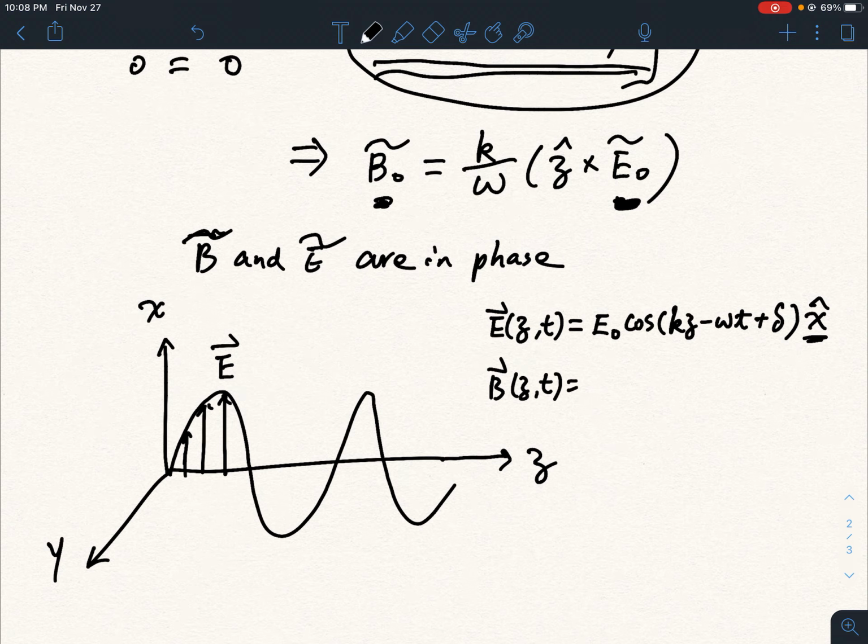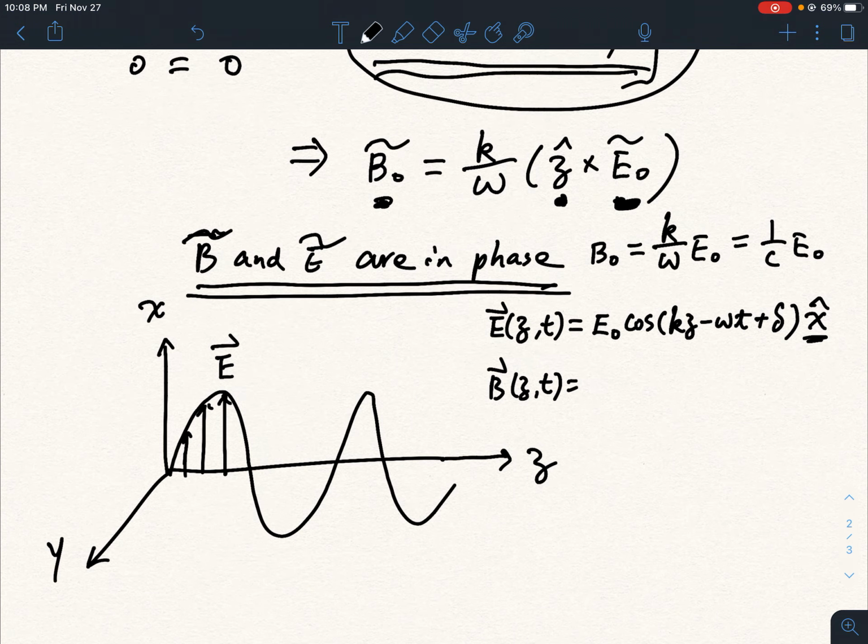If you look at the amplitude B0, because this magnitude is really 1, it is just K divided by omega times E0. Because omega is K times c, this is just 1 over c times E0. So you see that E and B are in phase, and their amplitudes differ by a factor of 1 over c.